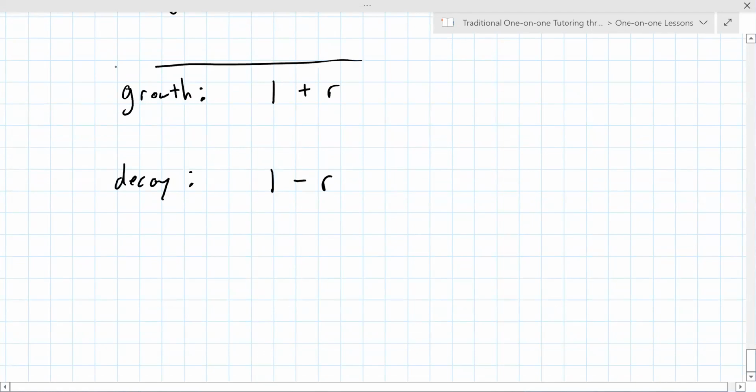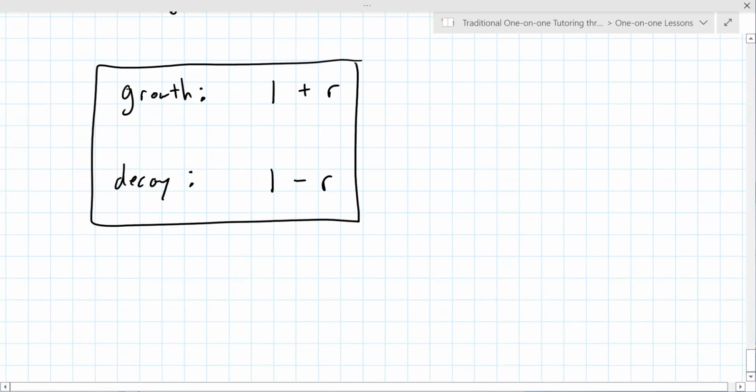And this is good to have down in your notes. This would clear up a lot of things. If the problem says that the thing grows, for example, 40% per year growth, that means that R is 0.4.